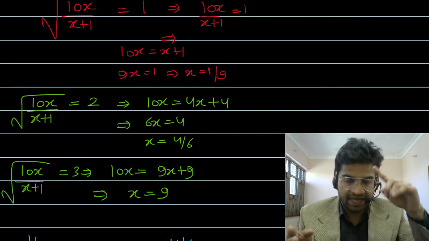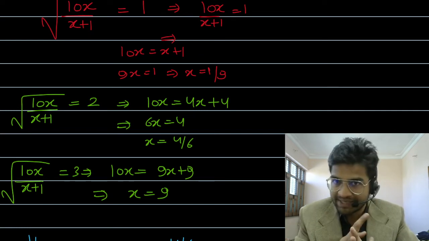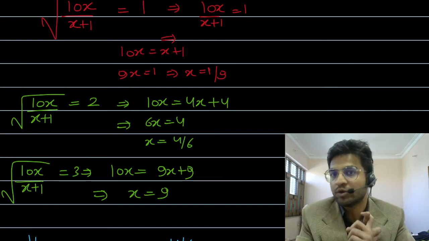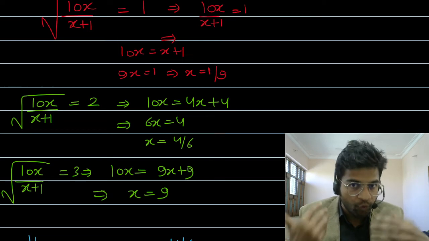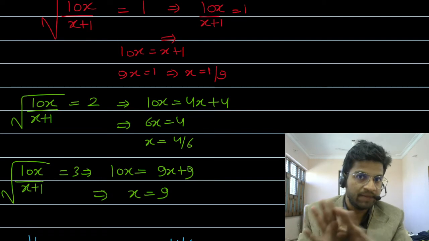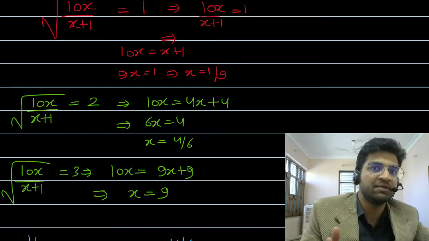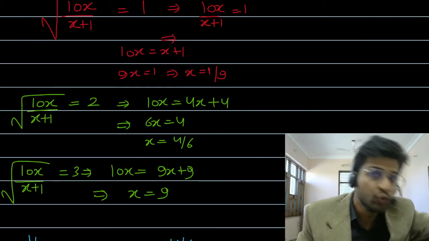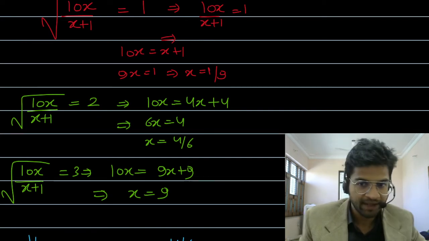So it breaks at x equal to 1 by 9, at x equal to 4 by 6, and at x equal to 9. This is the advantage of going through this question by equating the greatest integer expression with different integral possibilities, that is 0, 1, 2, 3, but not 4, certainly not 5, and going ahead.